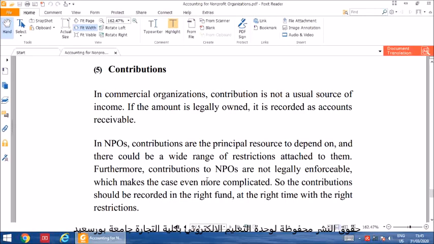Furthermore, contributions to a non-profit organization are not legally enforceable, which makes the case even more complicated.